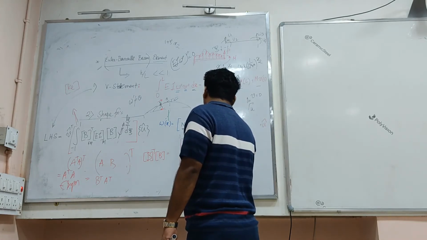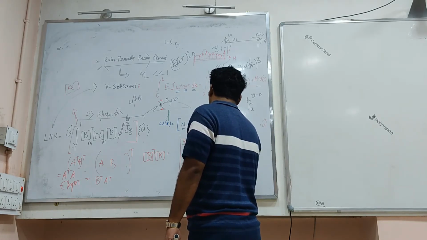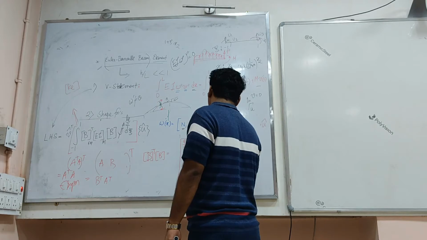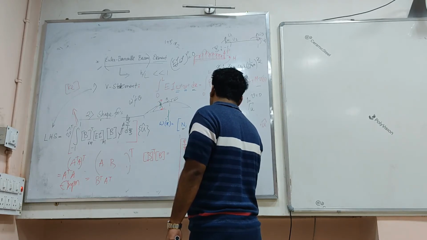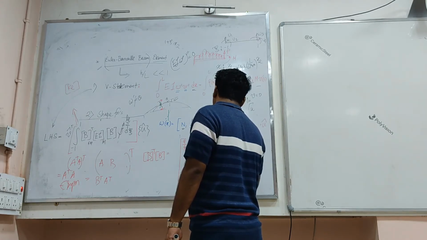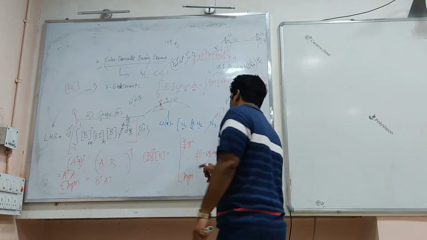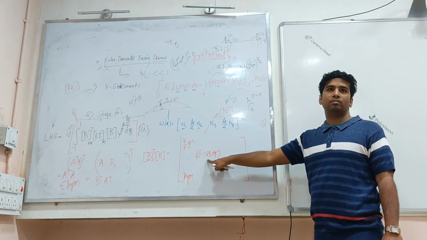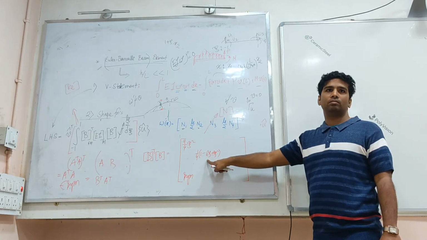Let's say it is 1 by 4 times 1 minus 6 xi plus 9 xi square. Is it? Check the second term.